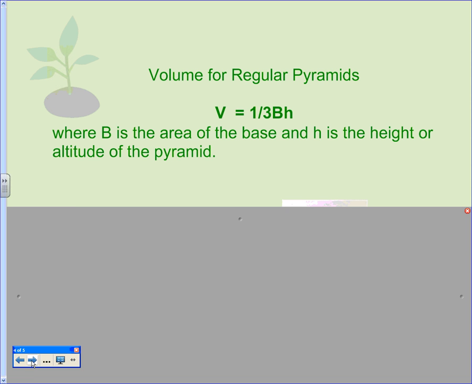One-third base times height, area of the base times the height. This is the same formula that you'll use for a cone. Both a cone and a pyramid, they meet at a point. You find the area of the base, multiply it by the height, and divide by 3. Always 1/3. 1/3 base times height.